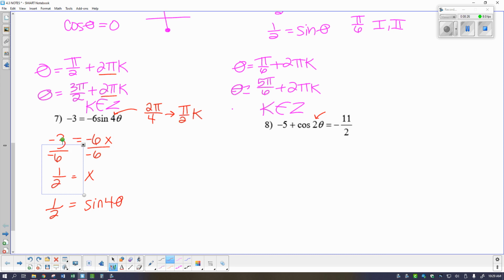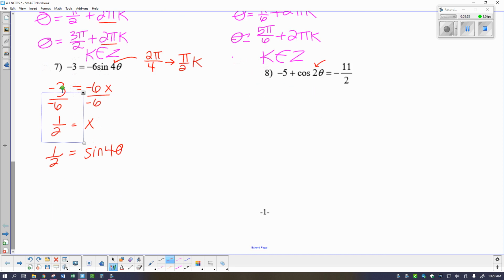So I want you to just think about when is sine 1/2, that's pi over 6's in the first and second quadrant, because sine is positive there. But when we write our answer out, we're writing 4 theta instead, equals pi over 6, and 4 theta equals 5 pi over 6. So in terms of solving this, right, I'm going to multiply by 1/4, multiply by 1/4.